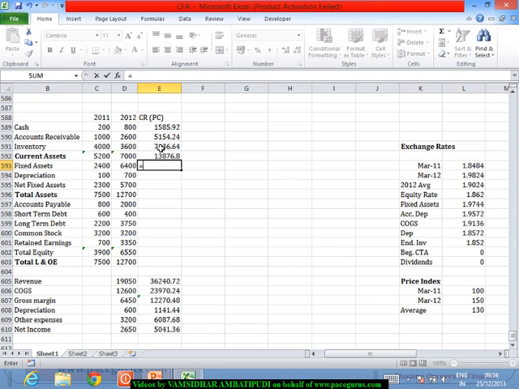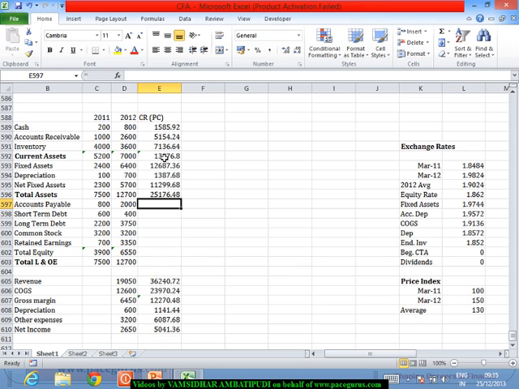Similarly, I can work out my fixed assets. These numbers I'll multiply with the latest rate, the current rate. So if the current rate is much higher, here the stated assets will be much higher, right? So even the accumulated depreciation, I'll take it in the same way, which means my net fixed assets this time is the difference between these two, coming out to this much, and my total assets is net fixed assets plus the current assets working out to this much.